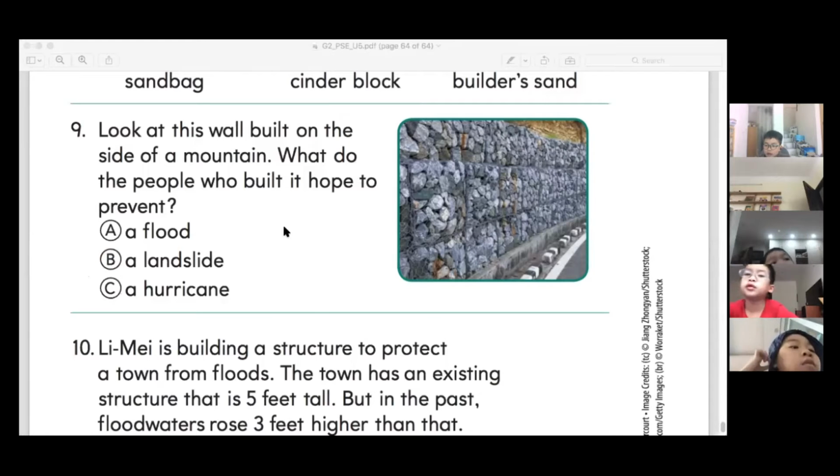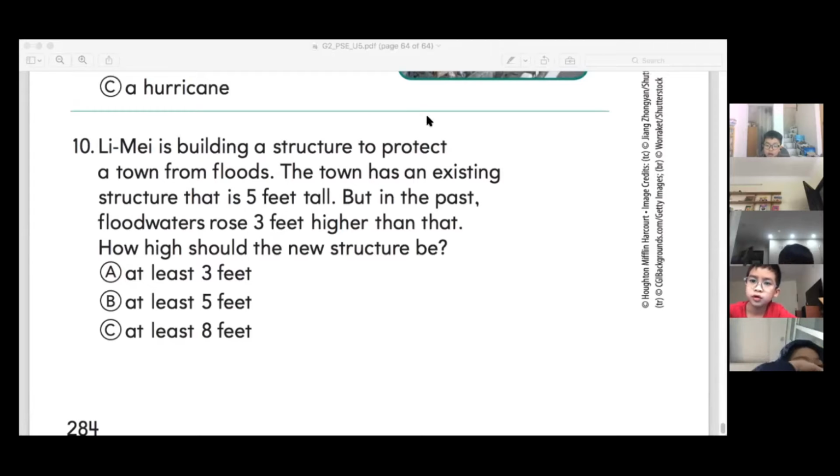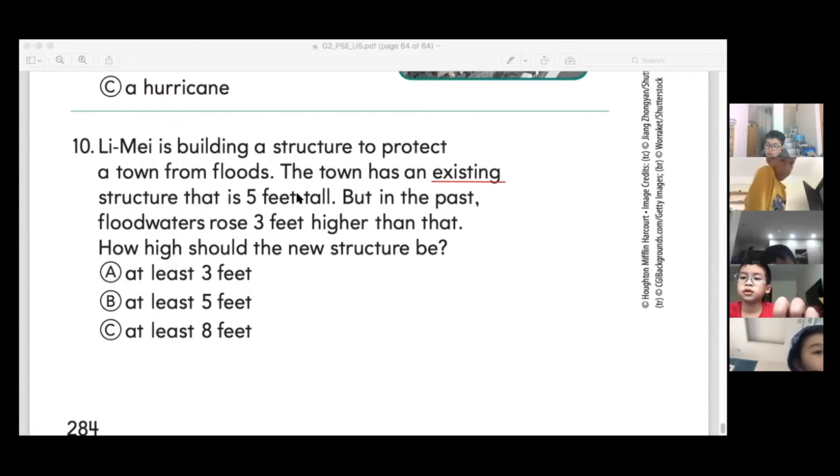And last one, I think, yes. Li Mei is building a structure to protect a town from floods. The town has an existing structure, meaning it's already there. It already exists. It has an existing structure that's 5 feet tall.